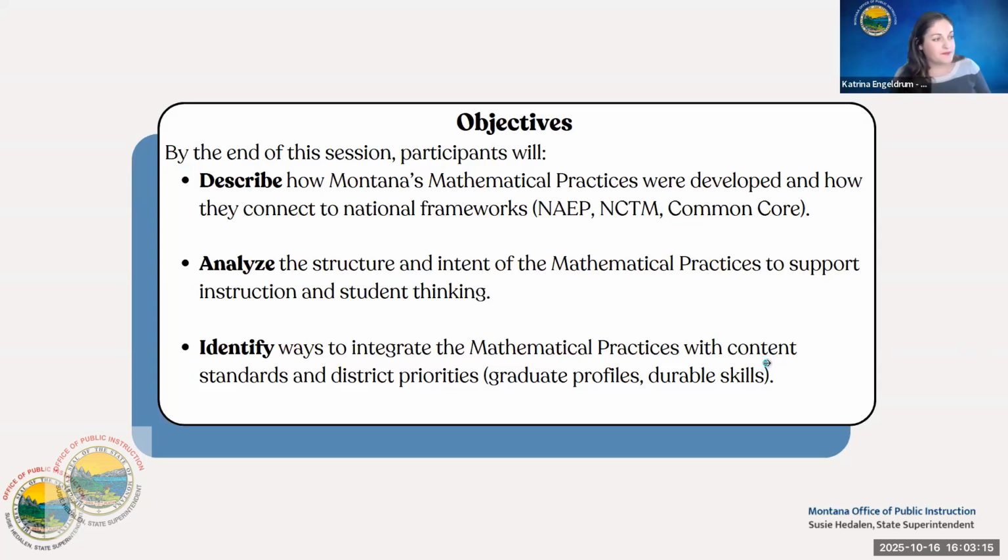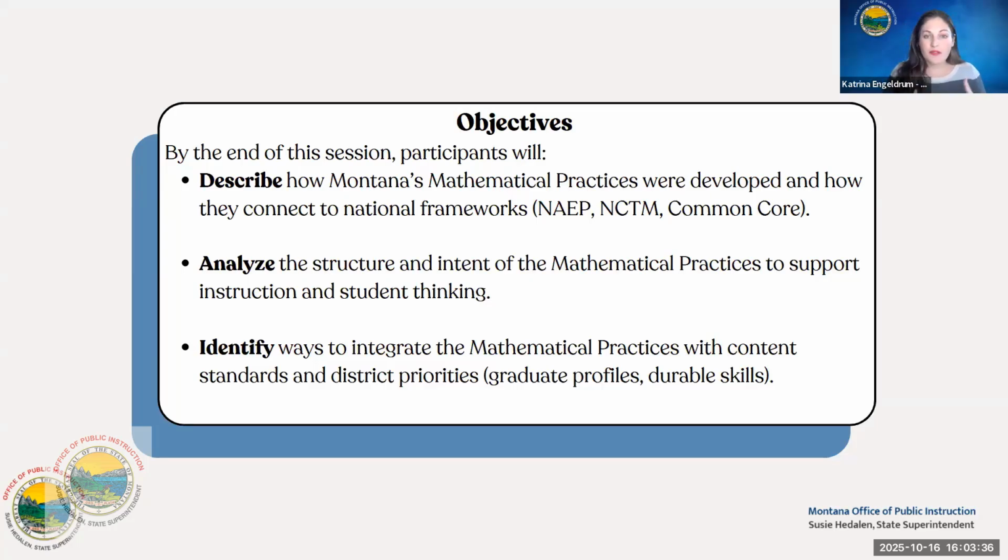But our objectives today are to really figure out the math practices, what has shifted in Montana, and why we changed them. Why are we shifting from Common Core, and what's the mindset behind that, and the reasons for that change. We'll talk a little bit about the purpose of the math practice standards as well.